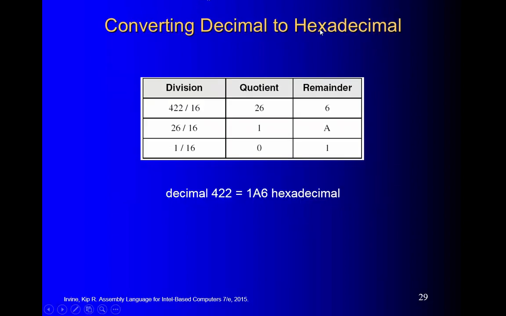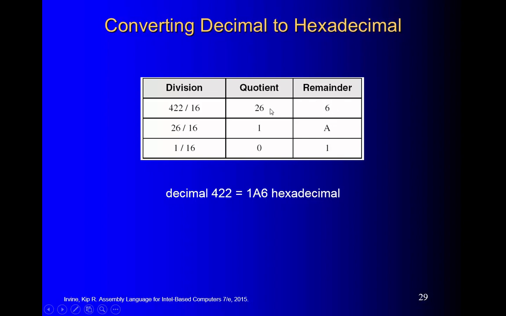Converting a decimal to hexadecimal, we divide the decimal by 16. So 422 divided by 16, the quotient is 26. The remainder is 6.